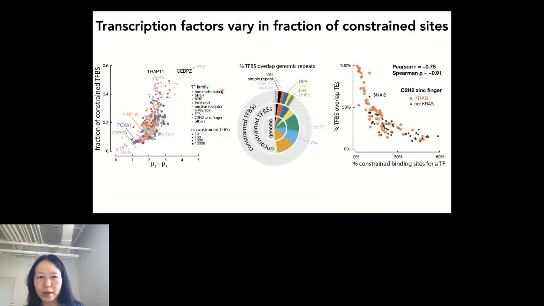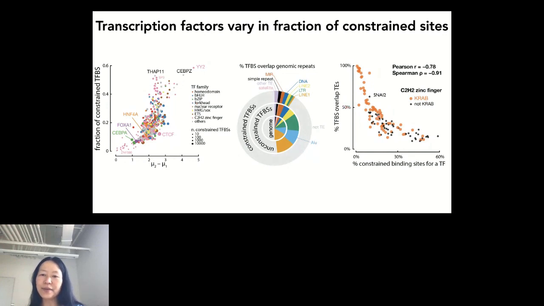I am going to jump over this slide, just very briefly mention: you see these constrained TFBSs don't overlap with transposable elements. And these are the mu1 and mu2 I told you about earlier, between the two subsets for each TF, how much more conserved is the constrained subset than the background? They differ quite a bit, and according to the family, they have a pretty wide distribution.